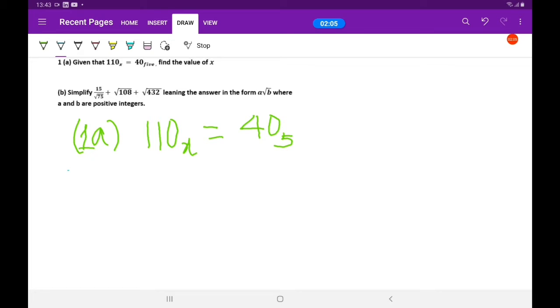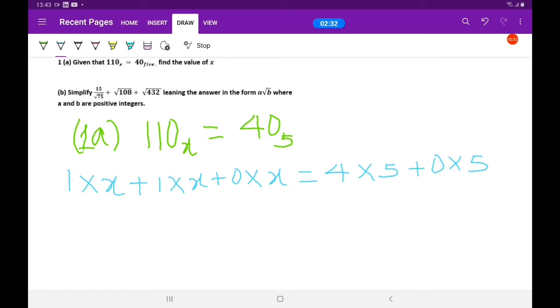So you have to say 1 times the base, that is x, plus 1 times x plus 0 times x. Then you go for the right hand side as well in base 5: 4 times 5 plus 0 times 5, and that's what we have.